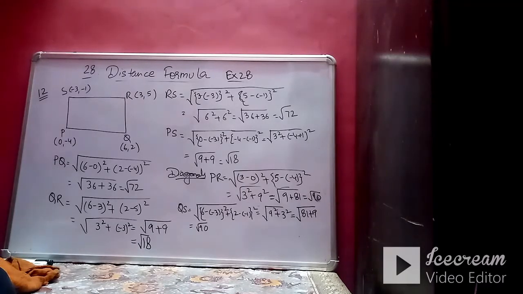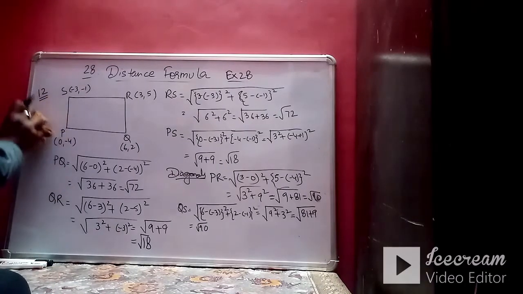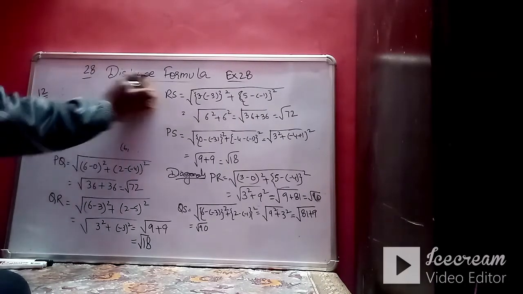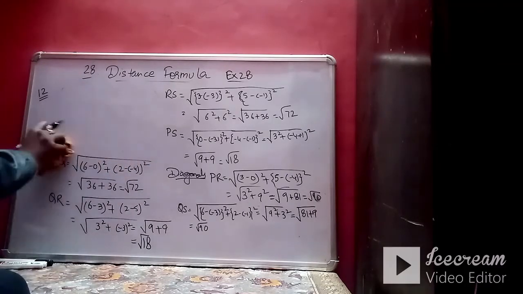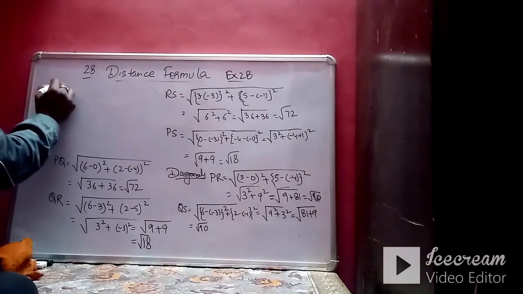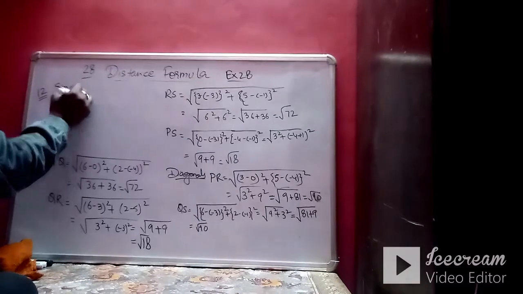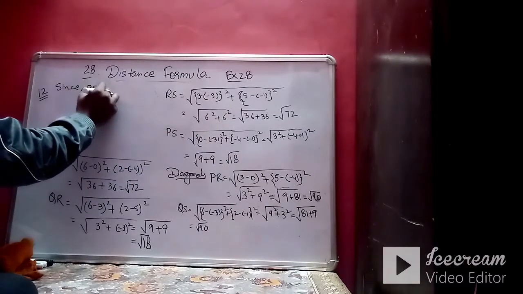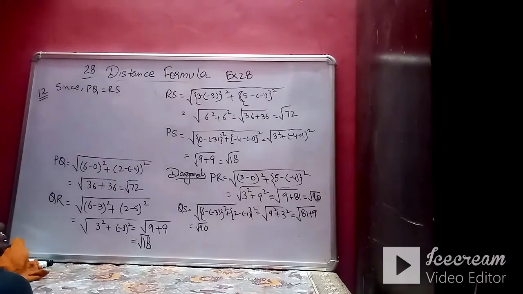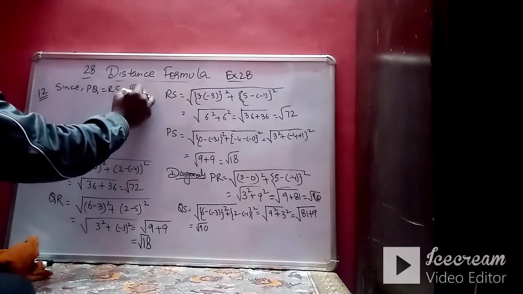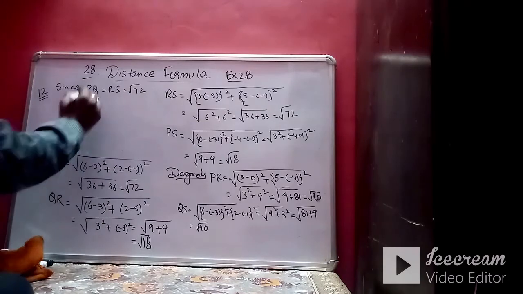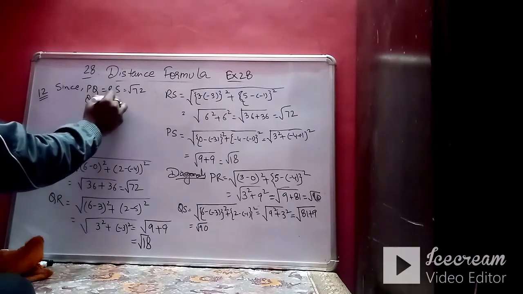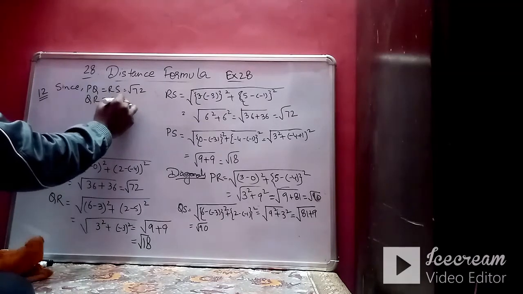Now what we can say? We can say that, so let's write our conclusion. Since PQ equal to RS and QR equal to PS.